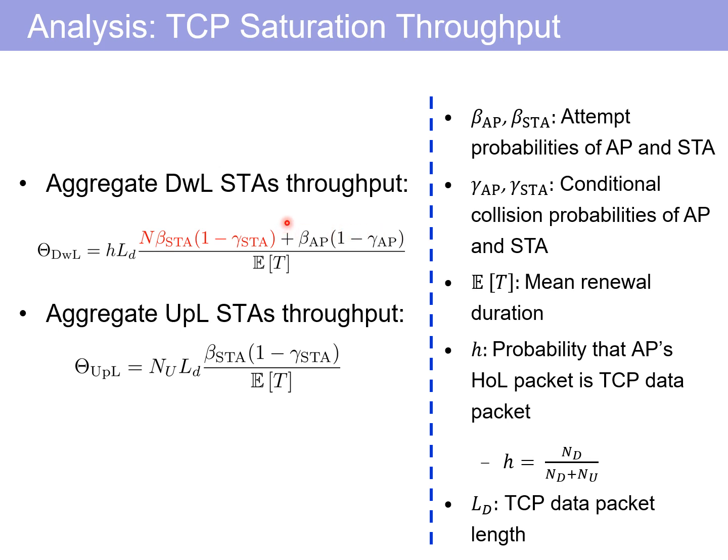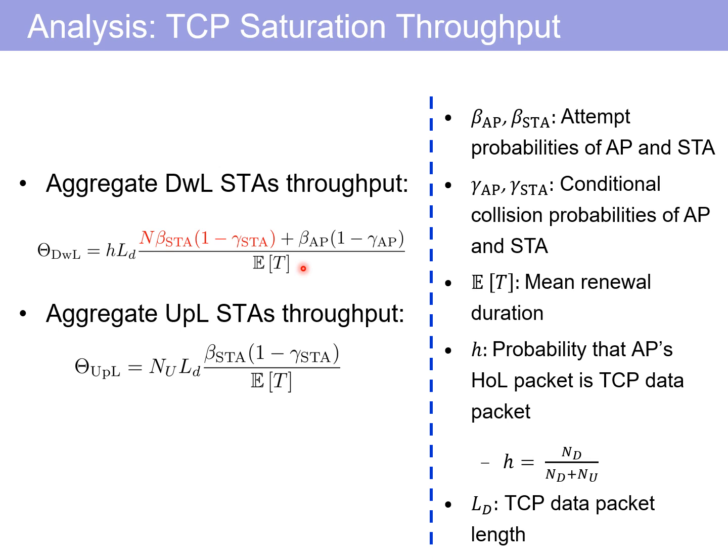The AP can also be successful as a secondary transmitter, which occurs with probability n times beta STA times 1 minus gamma STA. Here, beta STA is the attempt probability of an STA, and gamma STA is the conditional collision probability of an STA. This term, that is n times beta STA times 1 minus gamma STA, represents the additional transmission opportunities that the AP gets because of its FT capabilities.